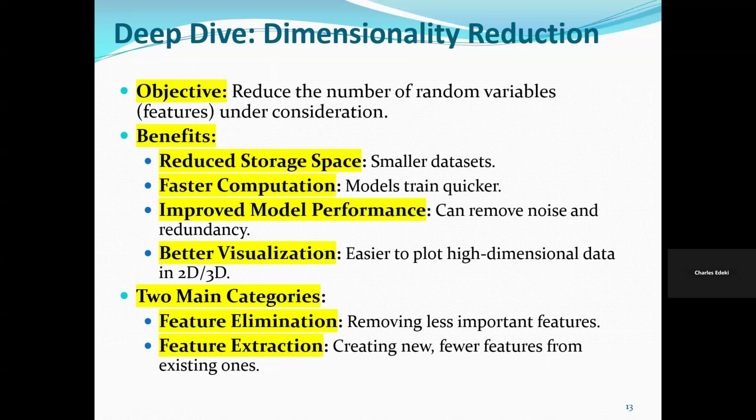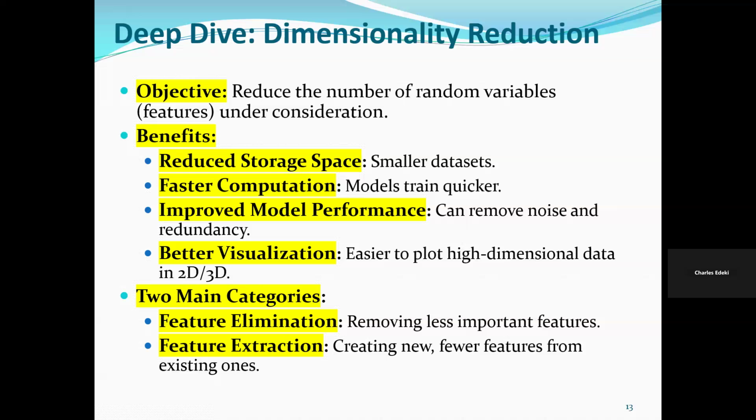The key is that it has to preserve as much of the relevant information or variance as possible. We are reducing the dimension, but we still want to have the information still available.